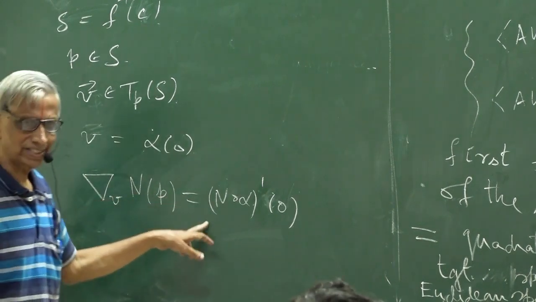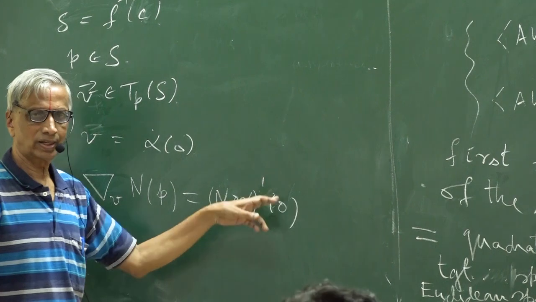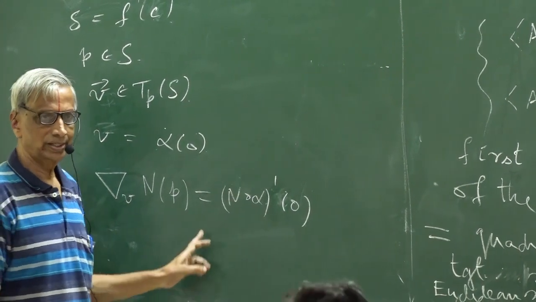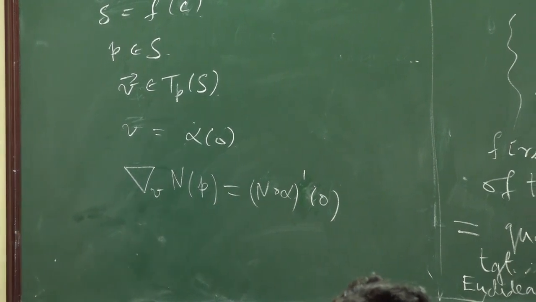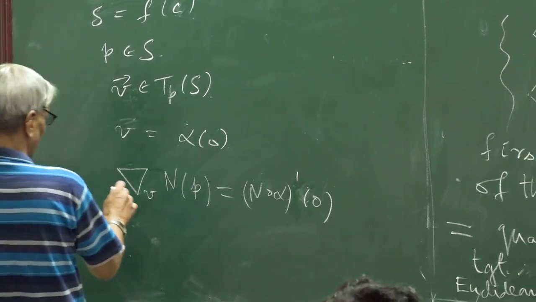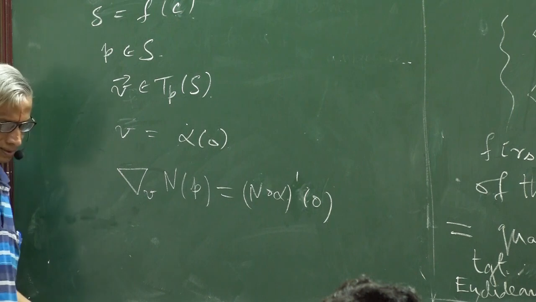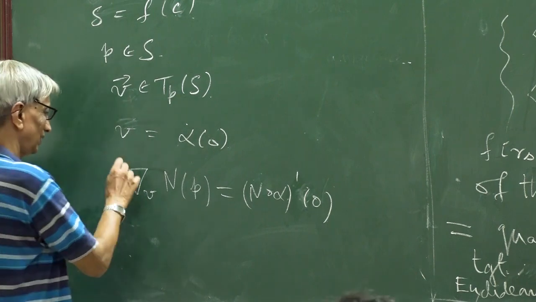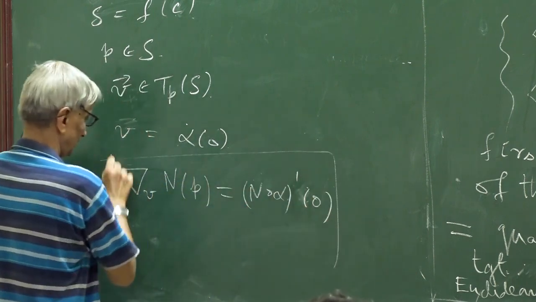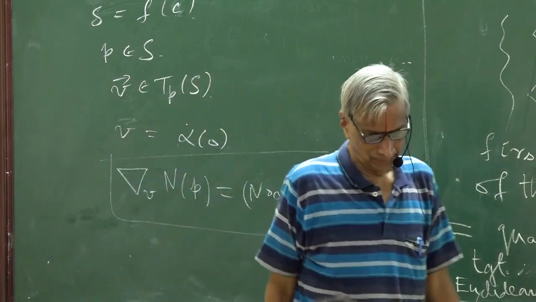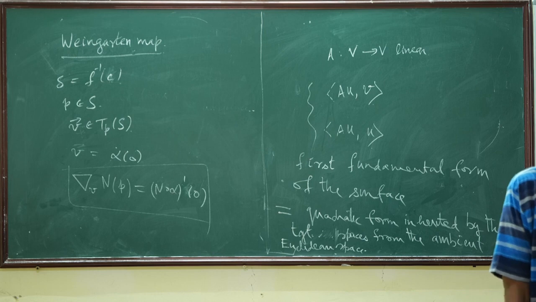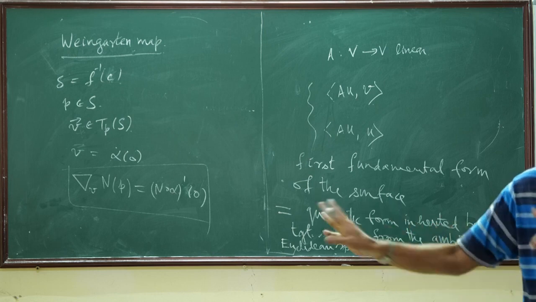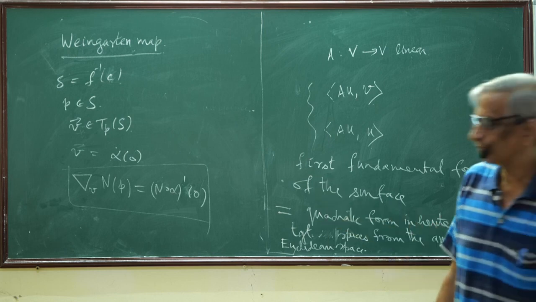Look at N of alpha of t. Look at the derivative at 0, d by dt of N composed with alpha. This is what is called the covariant derivative, but we are not going to use any such terms here. So okay.